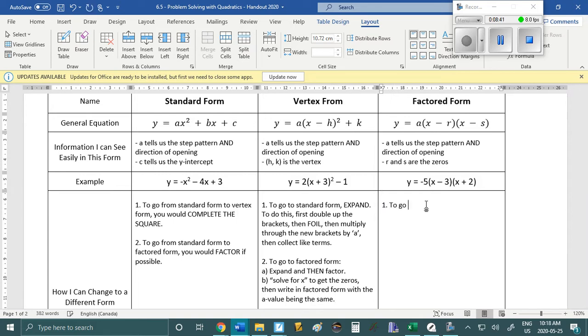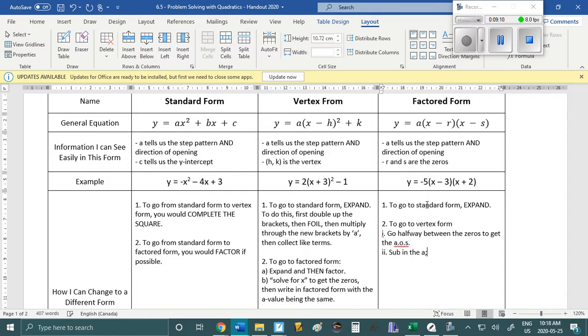Factored form, so to go to standard form, expand. I'm not going to expand on how to expand. You should know how to do that. And if you don't, just get in touch with me. To go to vertex form, I'll say step 1. Go halfway between the zeros to get the axis of symmetry.